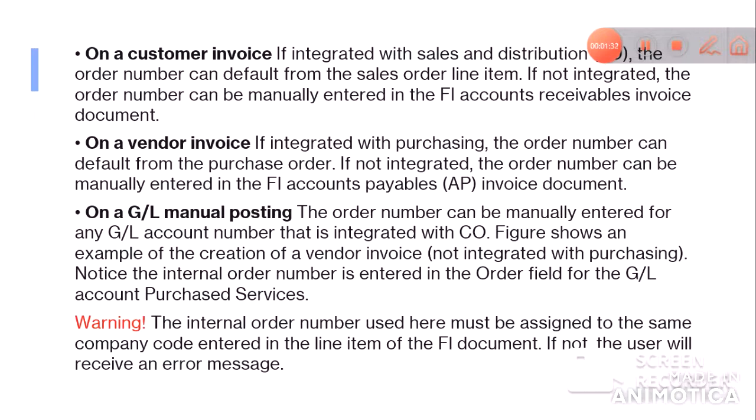If not, the user will receive an error message. So we remember, while creating the internal order based on the controlling area, the company code is automatically populated in the internal order master data. So we can use only the internal orders with the similar company codes while using the GL accounts.